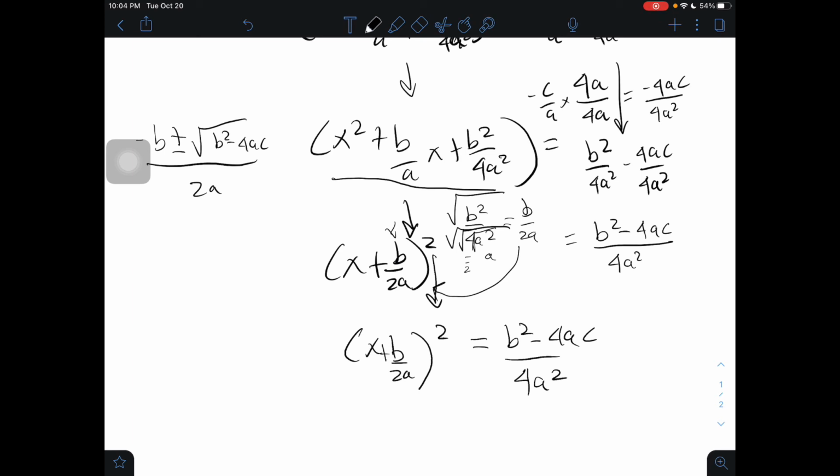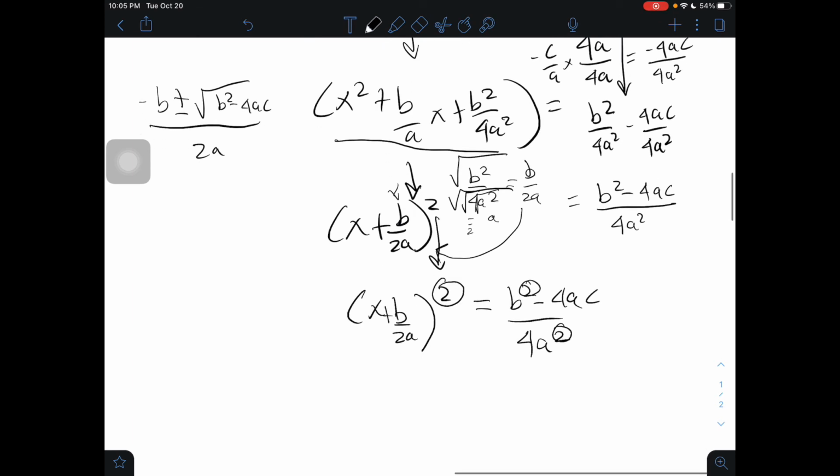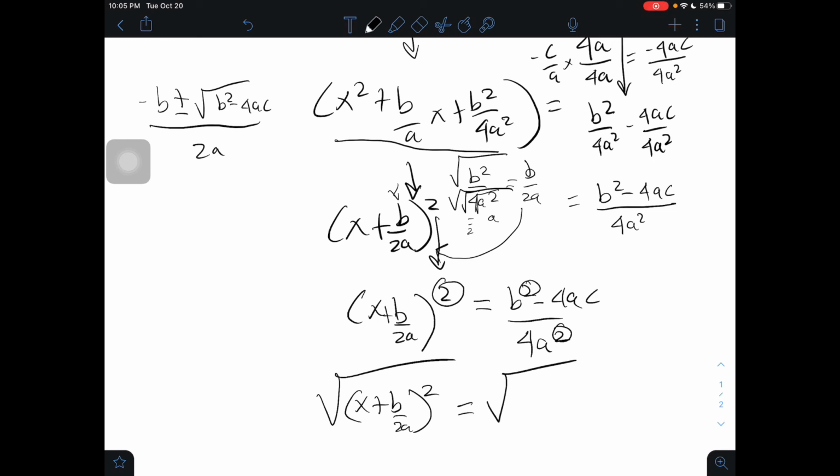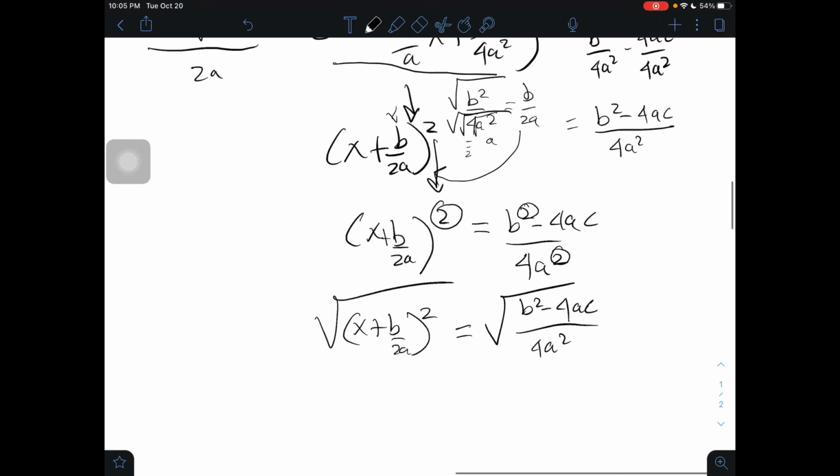Now, we're going to get rid of these squares. So we're going to take the square root of both sides. Taking the square root of our left side leaves us with x plus b over 2a.